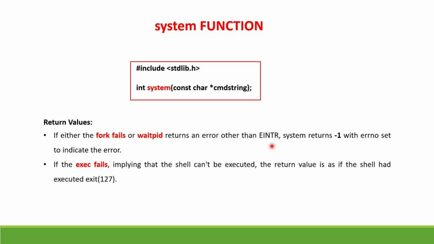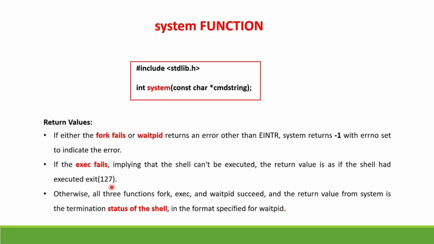The other case is if the exec fails. If the exec system call fails, which implies that the shell cannot be executed, then the return value is as if the shell had executed exit. This is the same as the value 127, equivalent to a shell executing an exit command with the value 127.